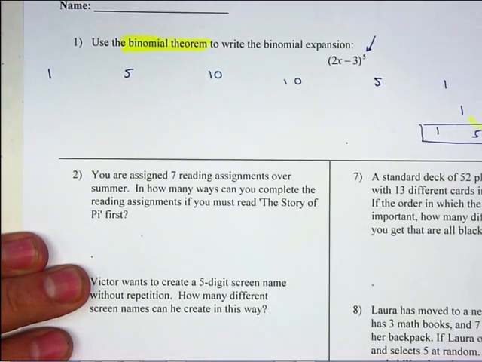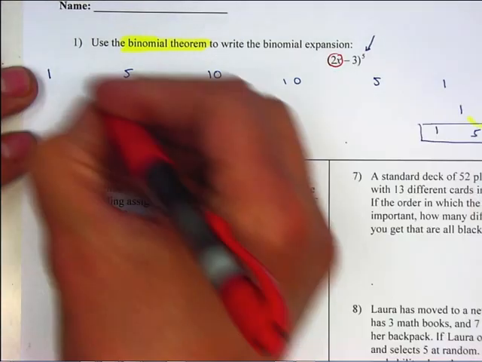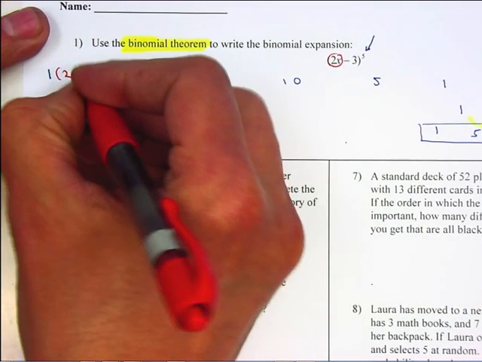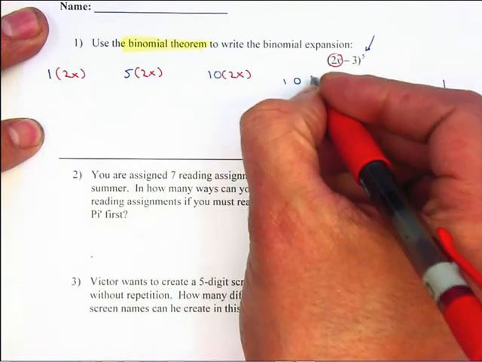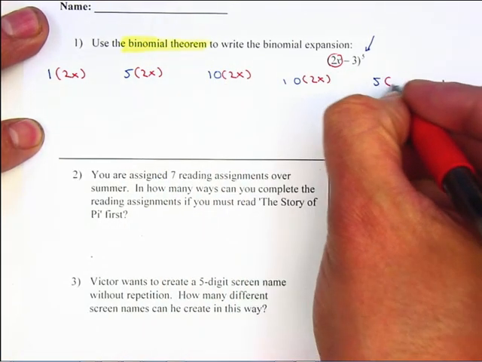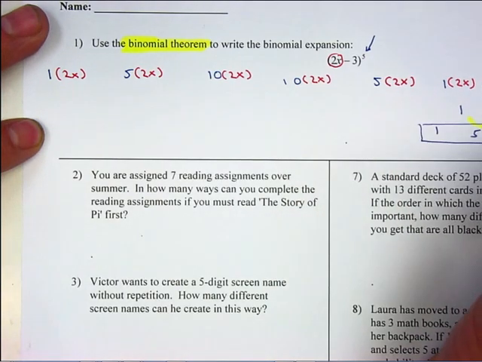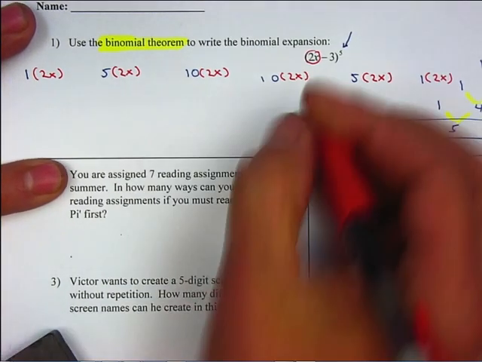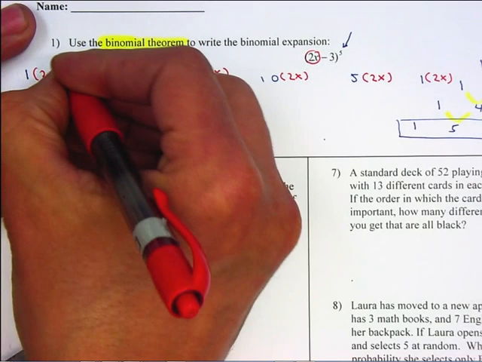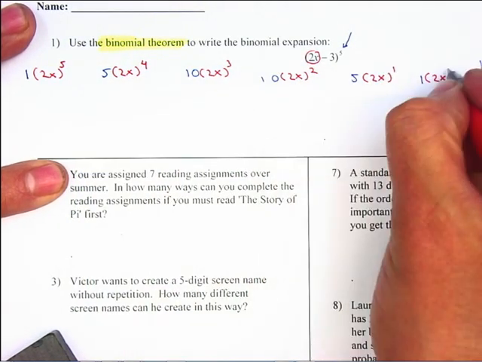Now, letter A will be 2x. Will be 2x, 2x, 2x, 2x, 2x, and 2x. The exponents. Remember, we're going to start with the 5 all the way down to 0.